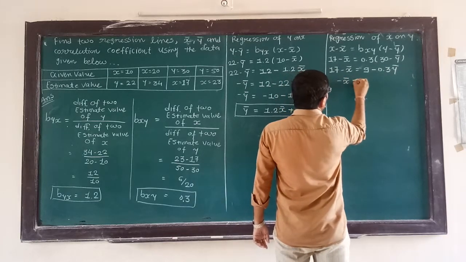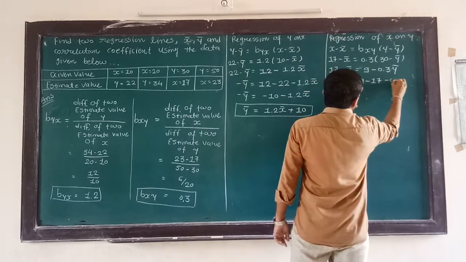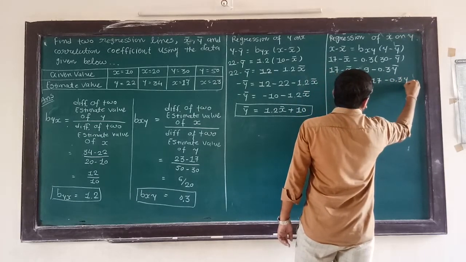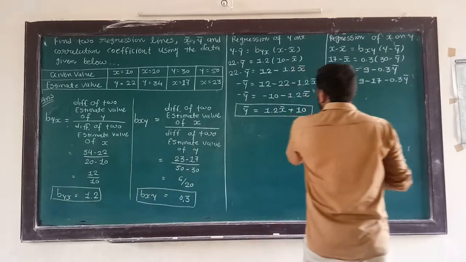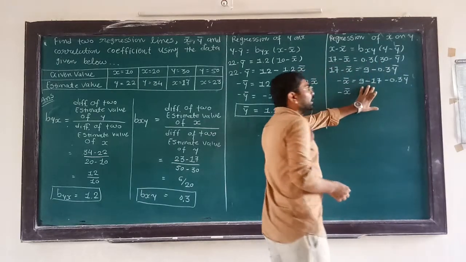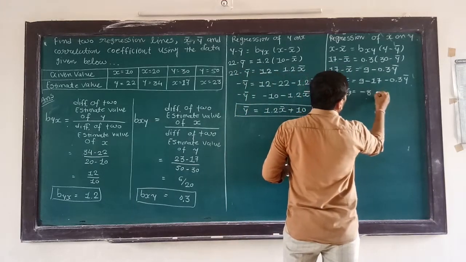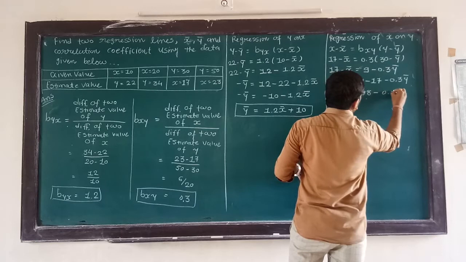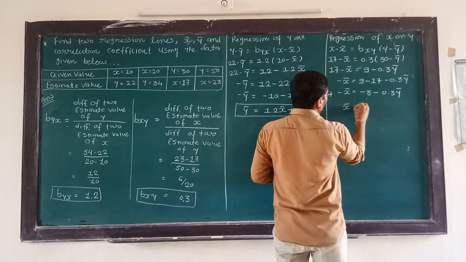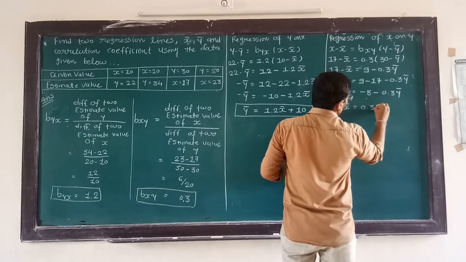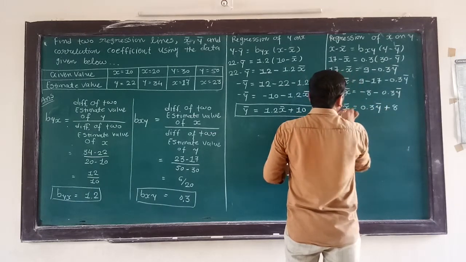So minus x bar equals 9 minus 17 minus 0.3 y bar. X bar equals, cutting from 8, minus 8 minus 0.3 y bar; taking the minus sign common, x bar equals 0.3 y bar plus 8.